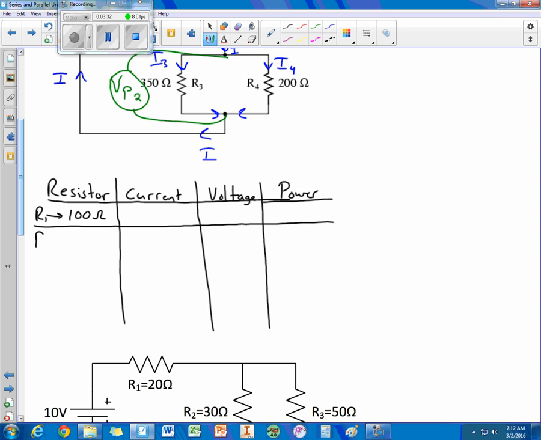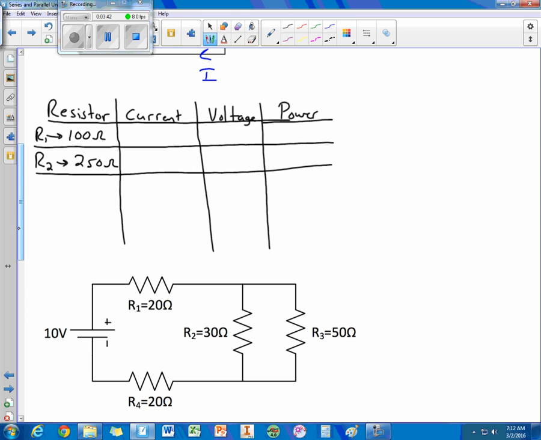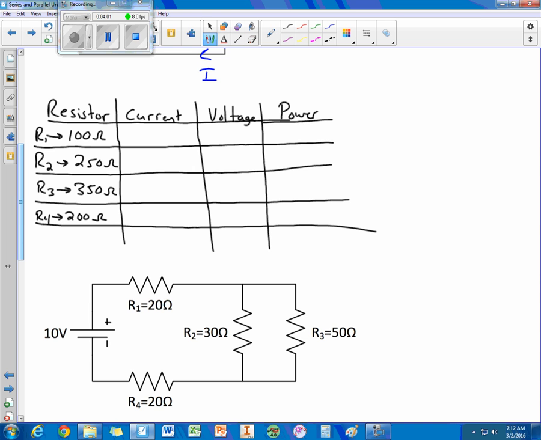We have R2, which was 250 ohms. R3, which was 350. And R4, which was 200 ohms. All right, so we got our table set up.